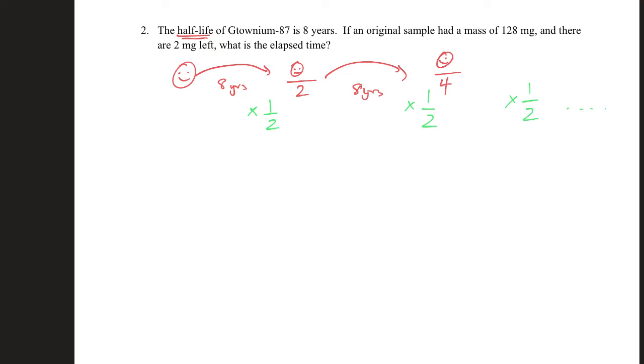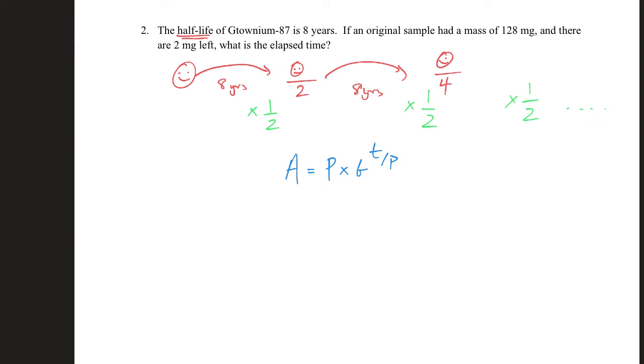Anytime we see half-life, that is an application of exponential growth. So as soon as we recognize that, we know that our relationship can be represented by that. And now let's just sub in the particulars to make sure that we're good with it.